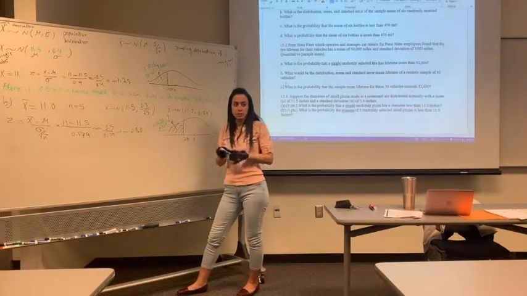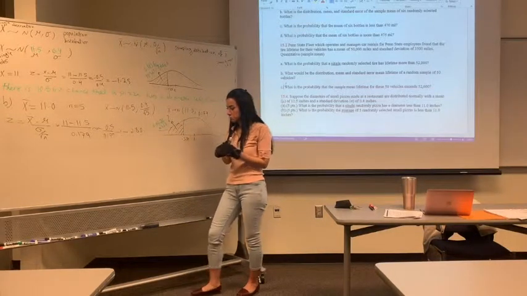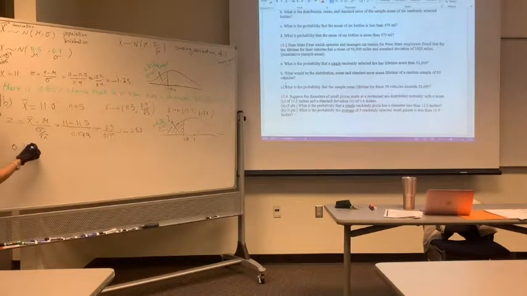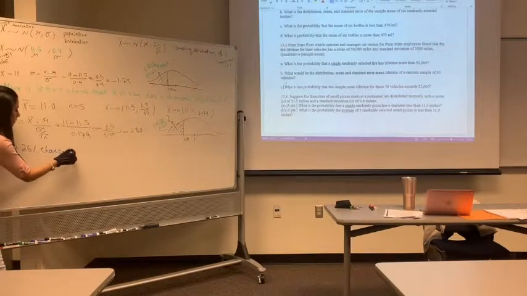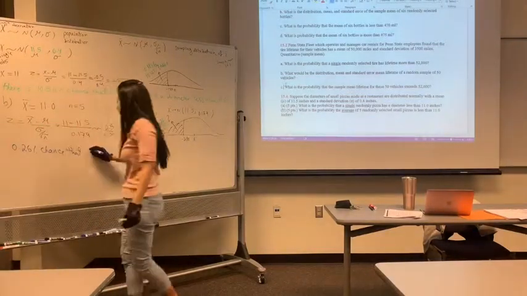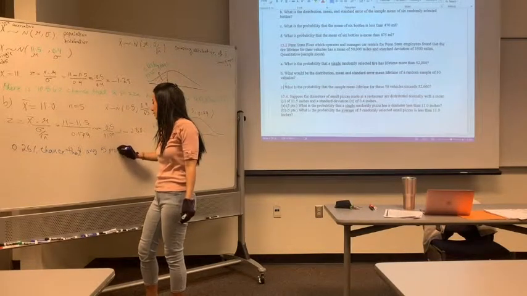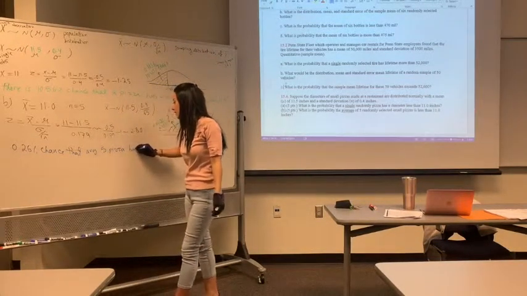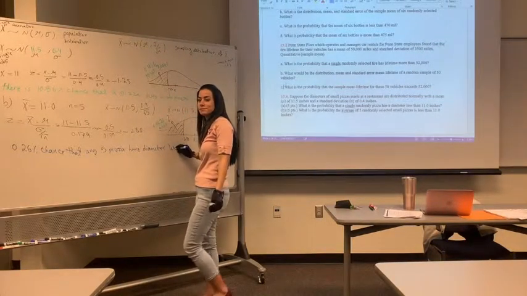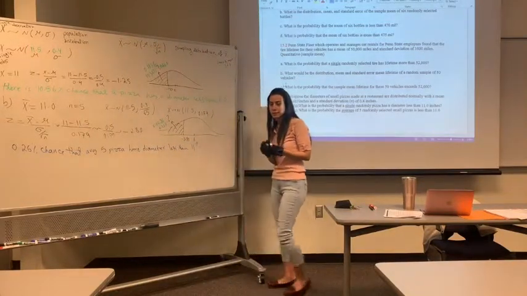So there is a 0.26% chance that if you order 5 pizzas, the average diameter is less than 11 inches.